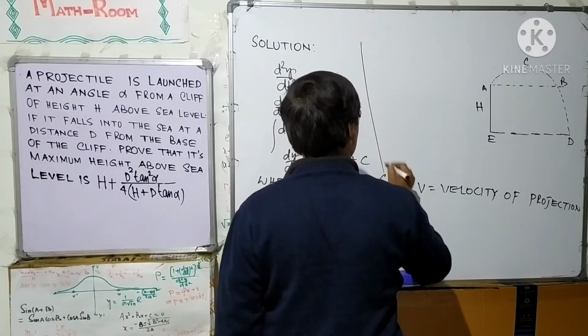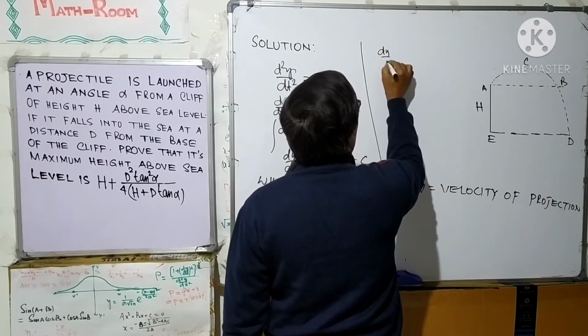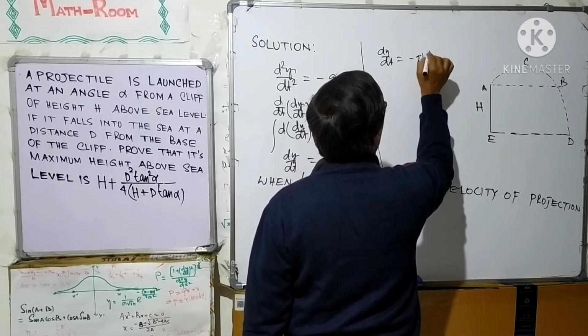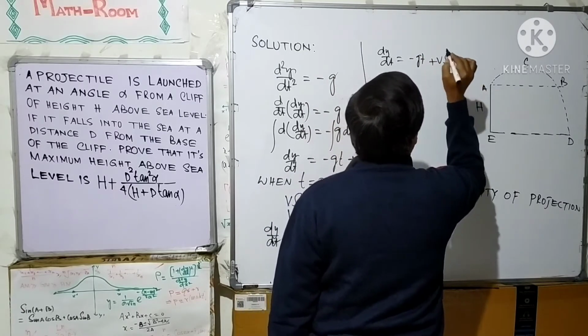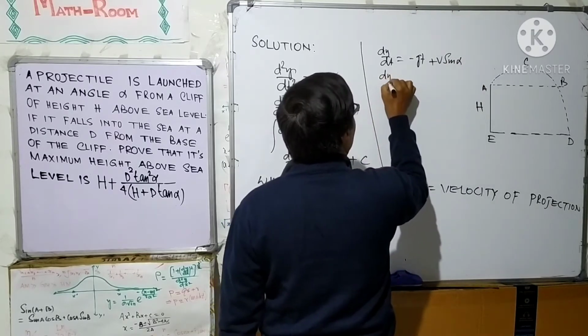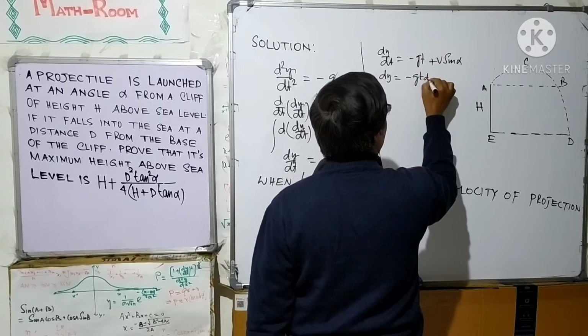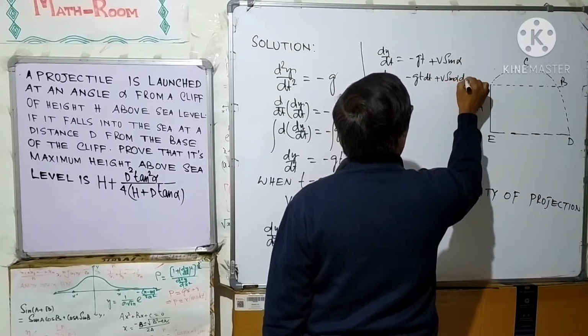So, dy dt equal to minus gt plus v sin alpha, also dy equal to minus gt dt plus v sin alpha dt.